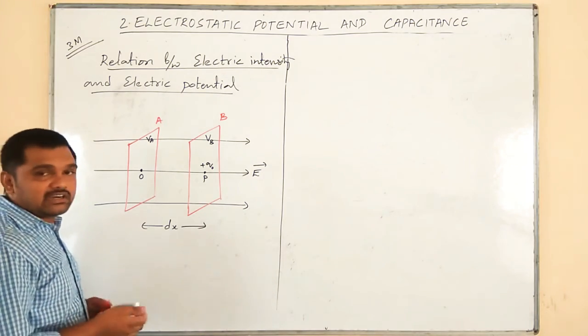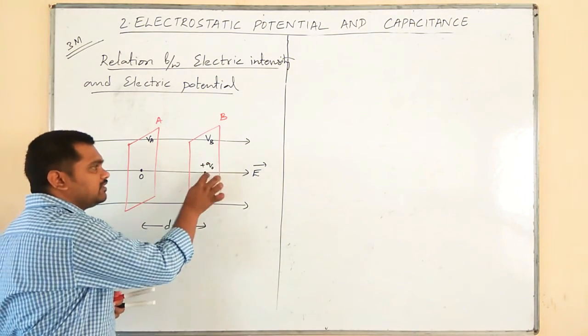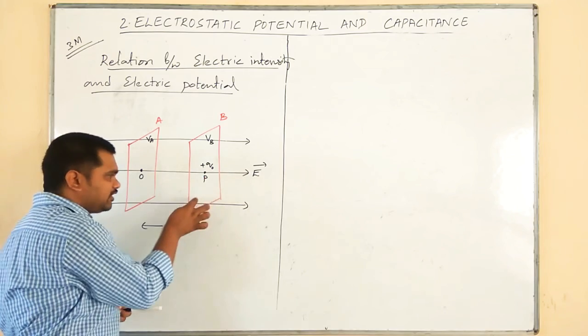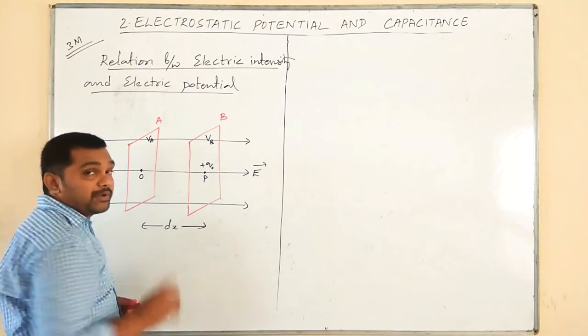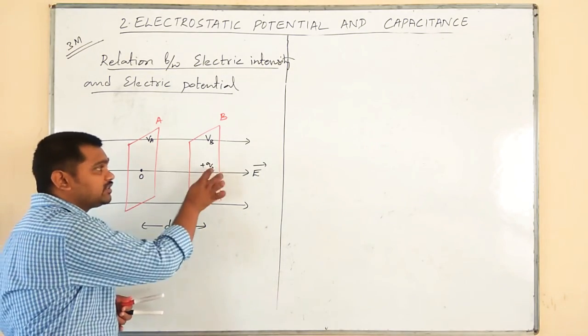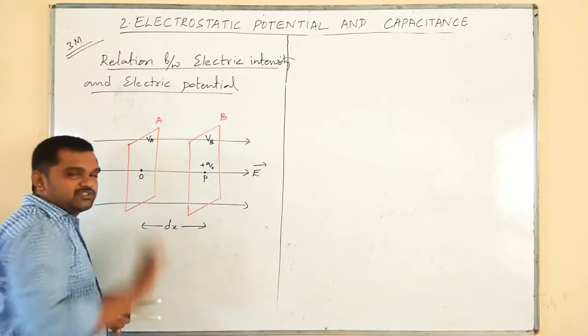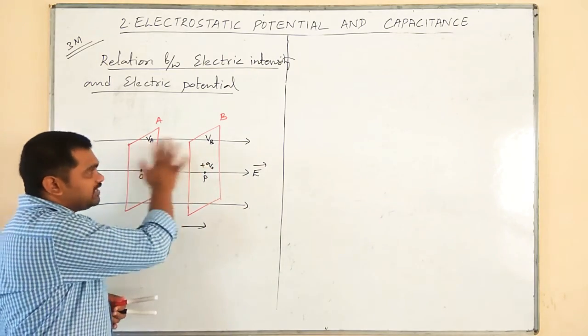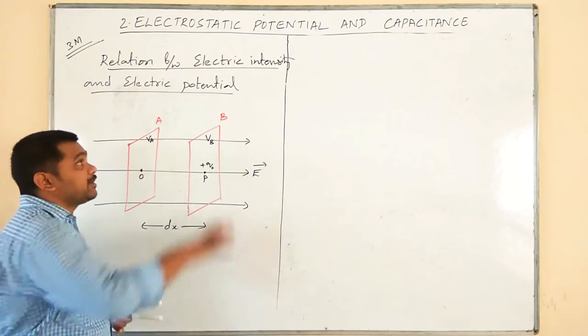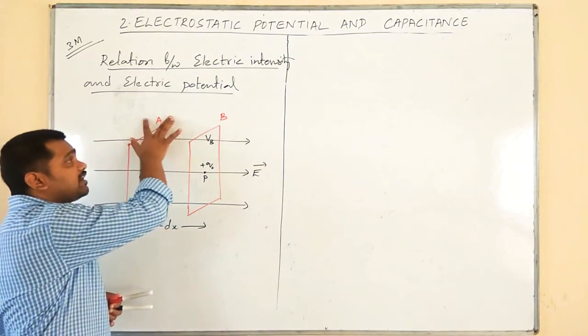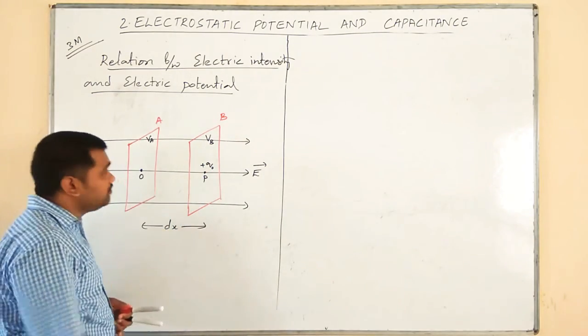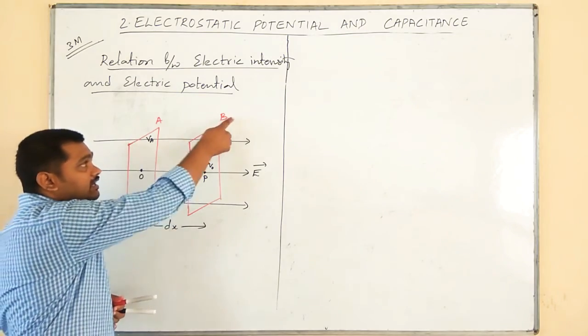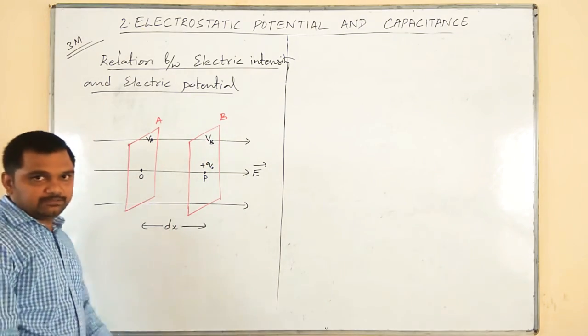At point P, let us consider one charge plus Q naught. The amount of work done in moving Q naught along an equipotential surface is 0 according to the property. But we can move that charge from one surface to the other, because the potential of B is not equal to the potential of A. Its potential is VA, its potential is VB.